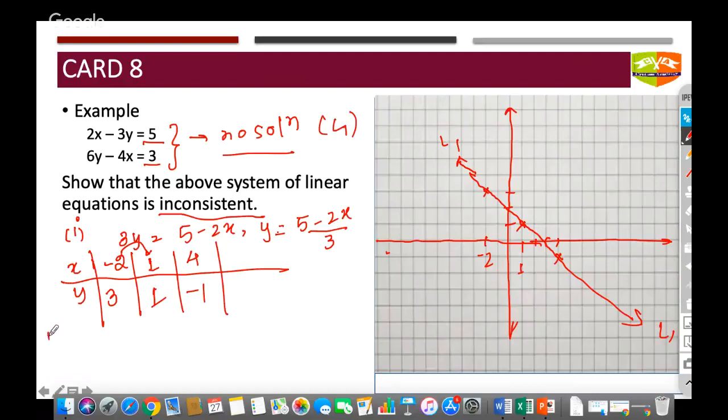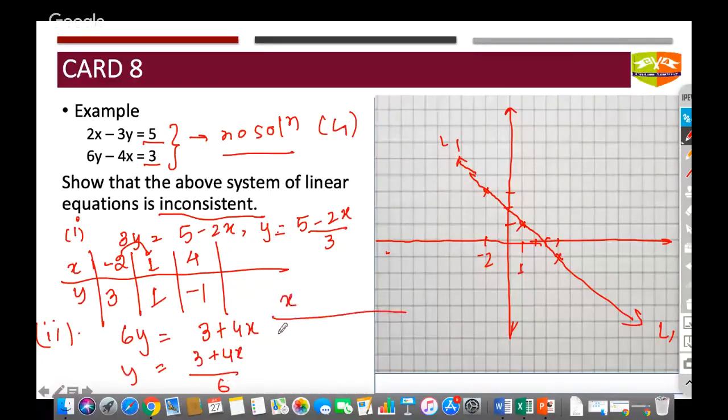And let me go to the second equation. What I get here is y is equal to (3 plus 4x) divided by 6. Now again I do the same thing, x and y, and I take values of x which can satisfy.